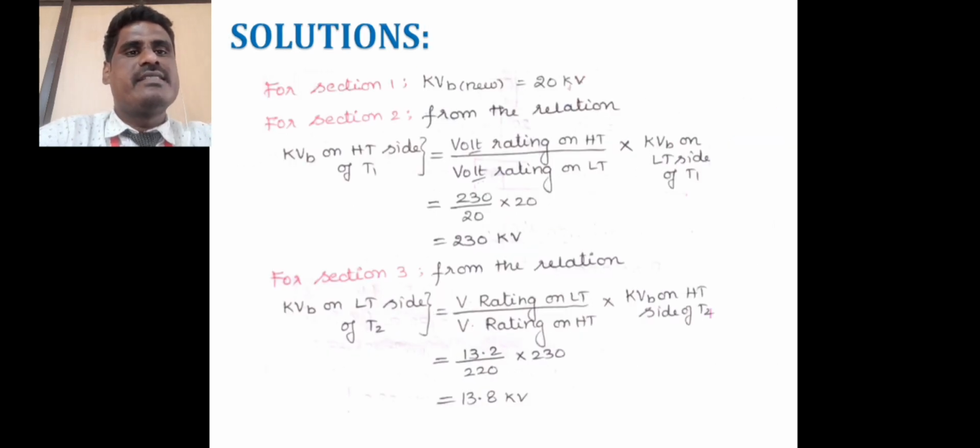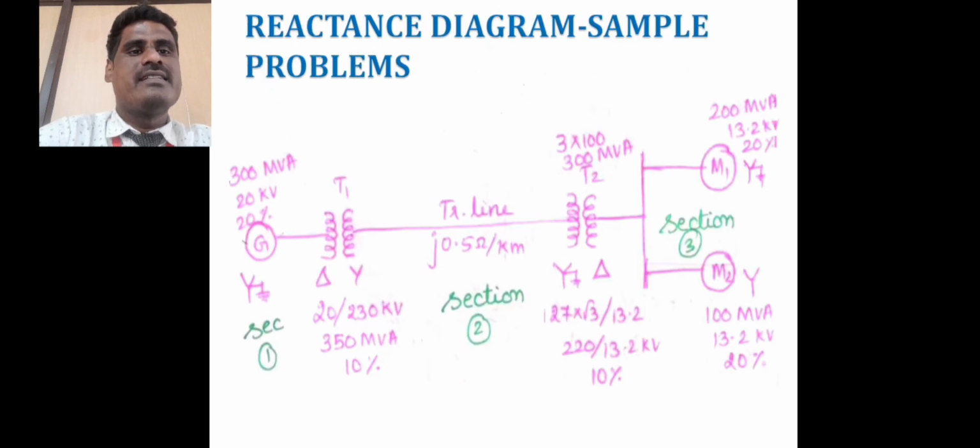In this case, section 1, section 2 and section 3 are calculated. Section 1 is the generator side, section 2 is between transformer 1 and transformer 2, and section 3 is between transformer 2 and motor 1 and motor 2.